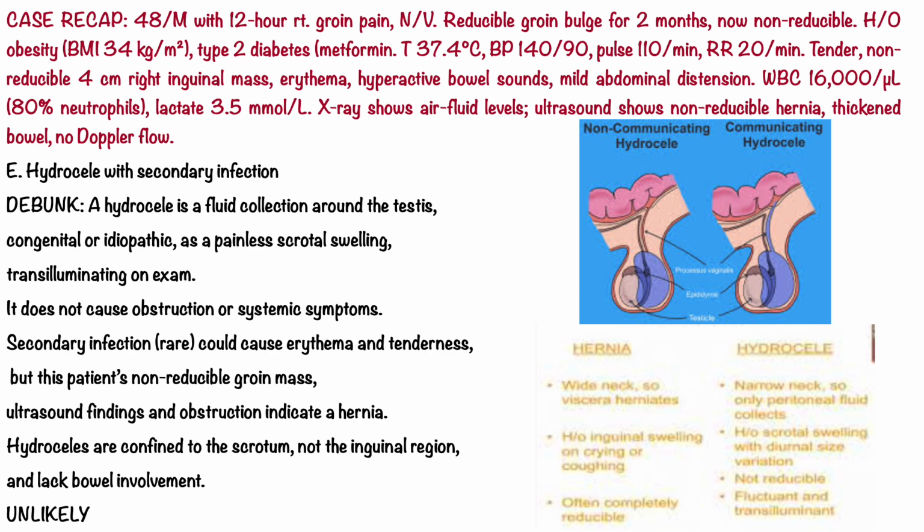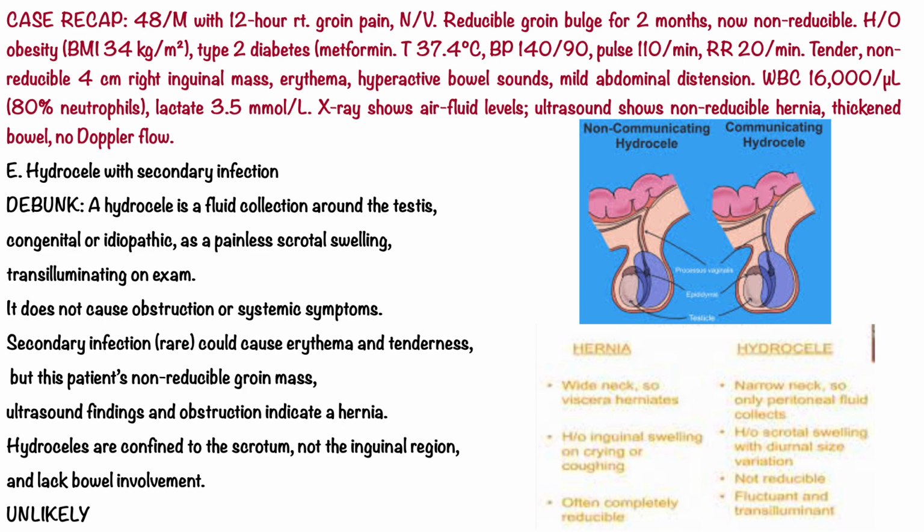Also, there is a difference between hernia and hydrocele. I have attached it here. So in hernia case, there is a wide neck, so viscera herniates, right? And in hydrocele there is a narrow neck, so only peritoneal fluid collects. And in hernial cases, there is a history of inguinal swelling on crying or coughing, and there is a history of scrotal swelling with diurnal size variation in hydrocele, and this is non-reducible.